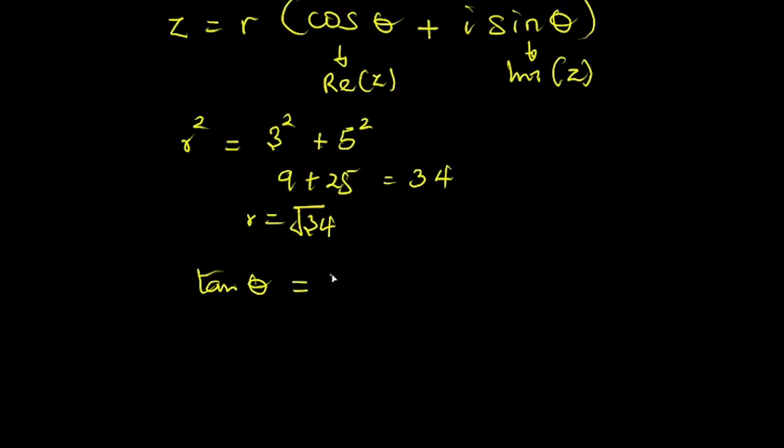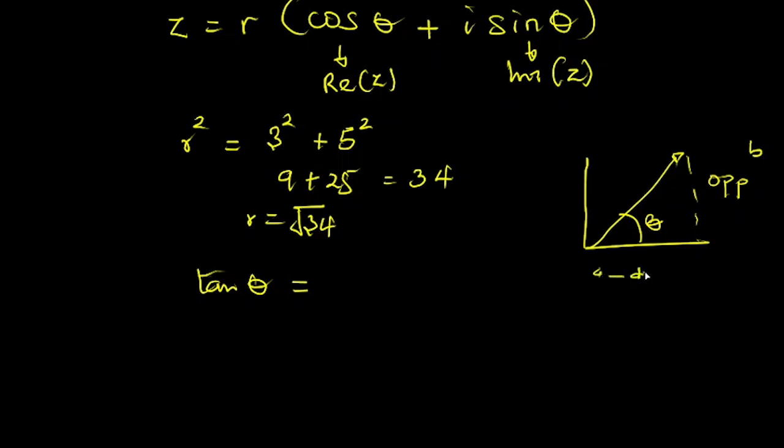Tan theta is opposite over adjacent. So what is the opposite? Now we know where the angle is. You picture something like this: you imagine that you have your angle here, and this is your opposite. This opposite is vertical, meaning it's the B part, and you have your adjacent here, which is the A part because it's horizontal.